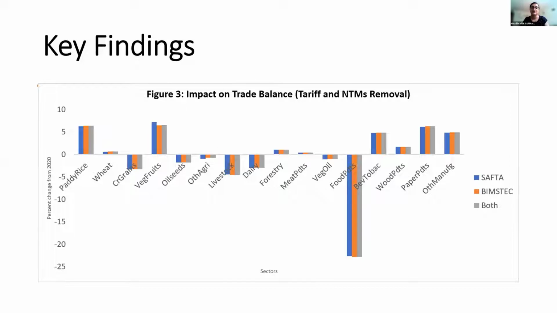Nepal's staple food is paddy rice, vegetable fruits, and all. So we can say that the country can be self-sufficient in these sectors if they are removing both tariffs and anti-AMS.